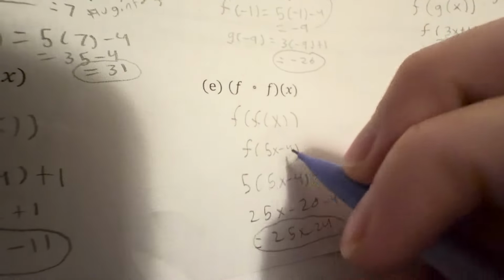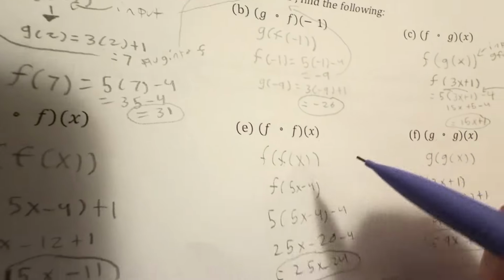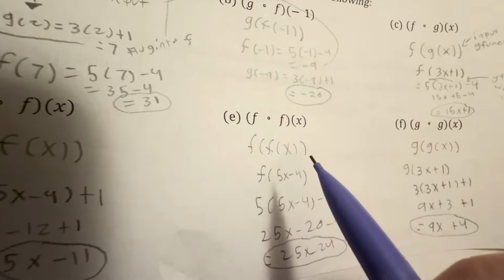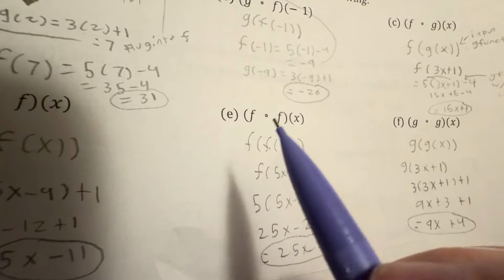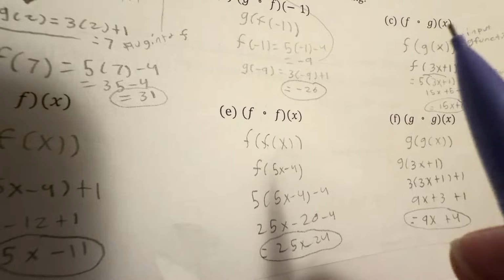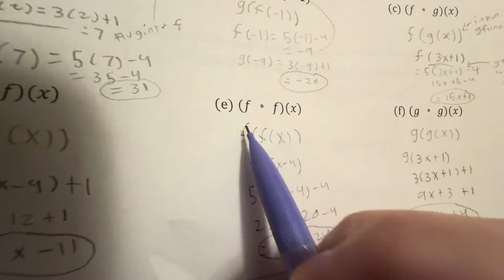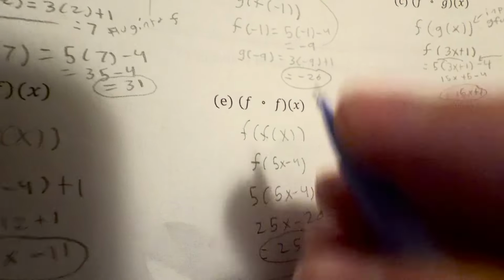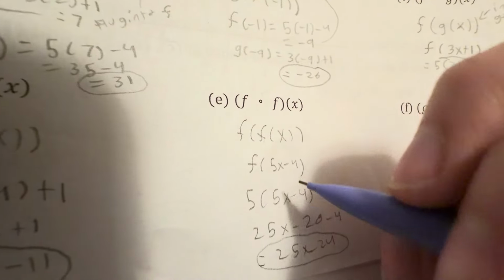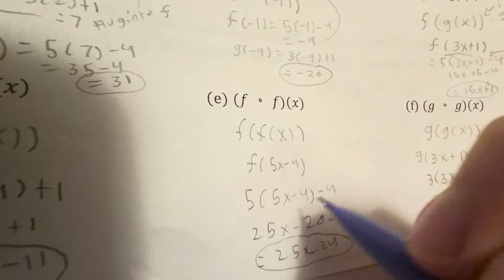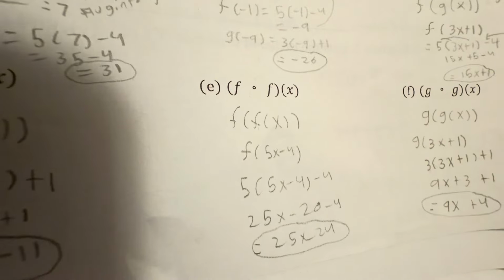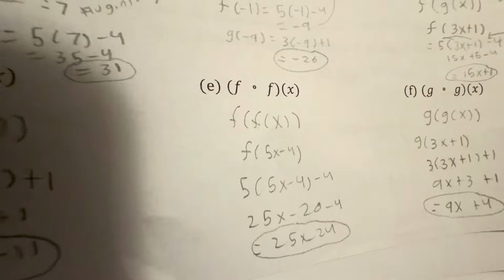So 5x minus 4 goes there. And then because we're placing f of x into f of x, this function goes inside that function. Because it's the same function, you see where this x is here? We're just going to put that same function into that. You see what I'm talking about? Okay, I'm hoping you do.